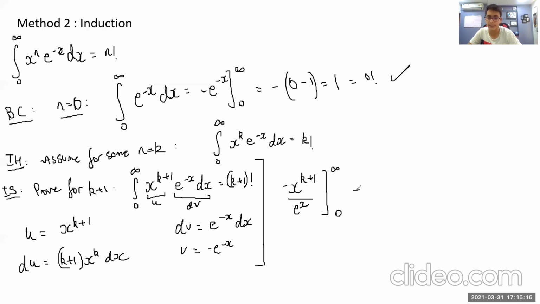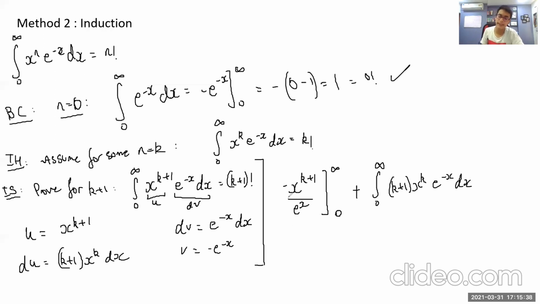Now there's a minus here, so they both become plus together. So we get the integral of k plus 1 times x to the k times e to the minus x. Hope I've got this right. And now this is our integral. Okay, now let's put in the values.